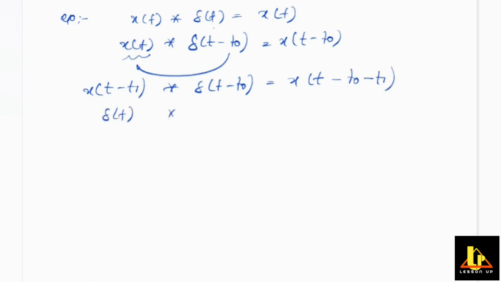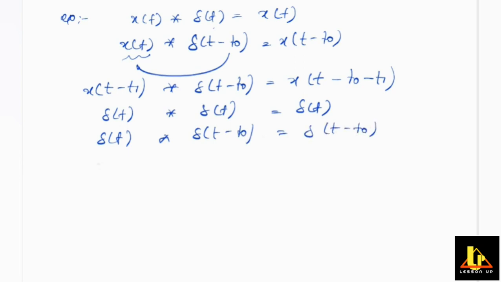Similarly, if delta t is convolved with delta t, you will get delta t. If delta t convolves with delta t minus t naught, you will get delta t minus t naught.